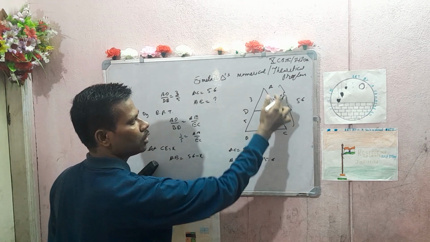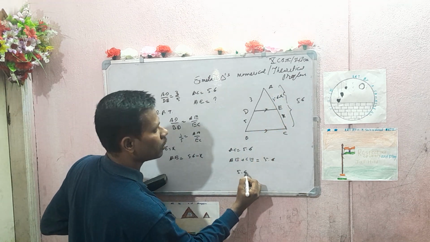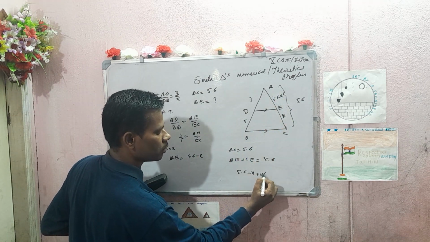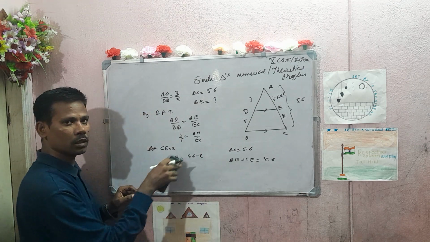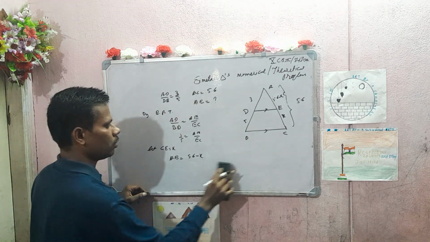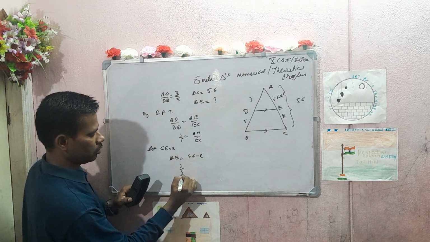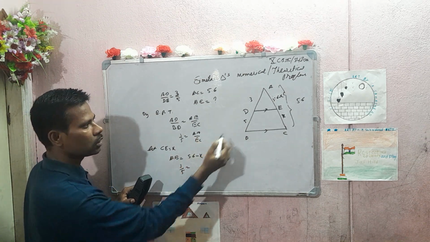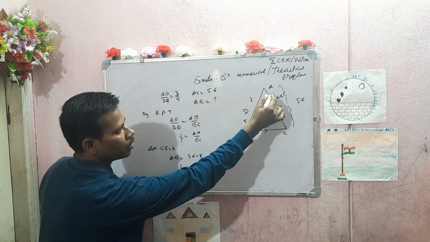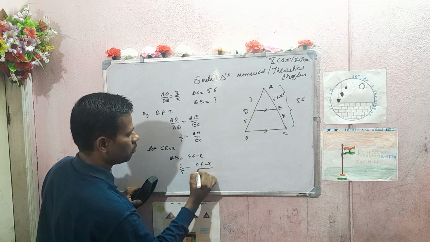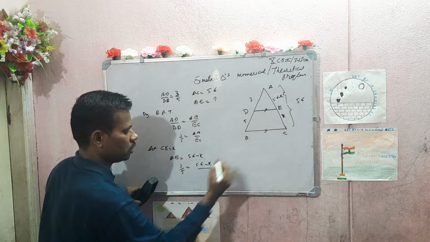Why? Because when you add these two, 5.6 minus x plus x gives 5.6. You replace here. AE is 5.6 minus x by EC, and EC is nothing but x.